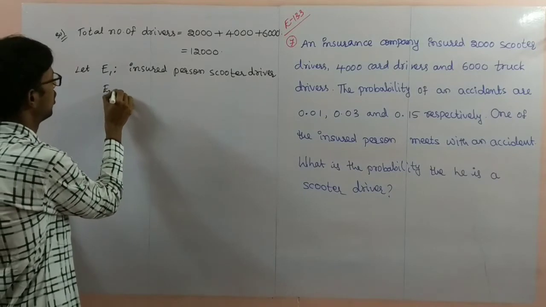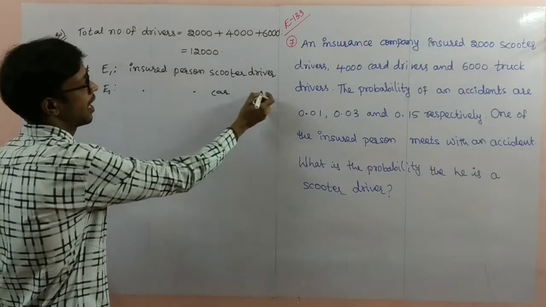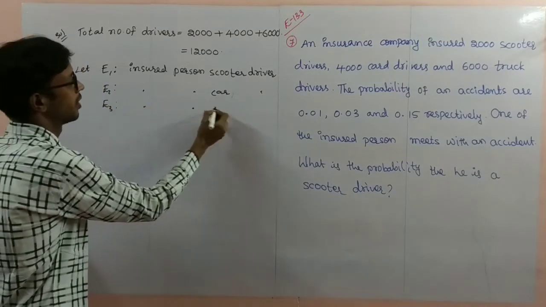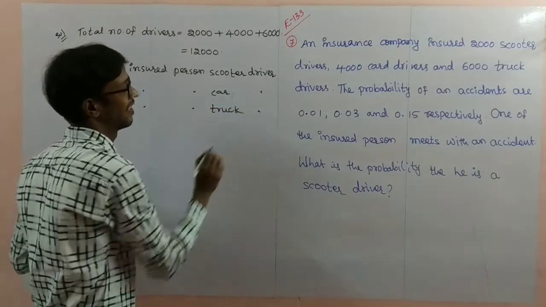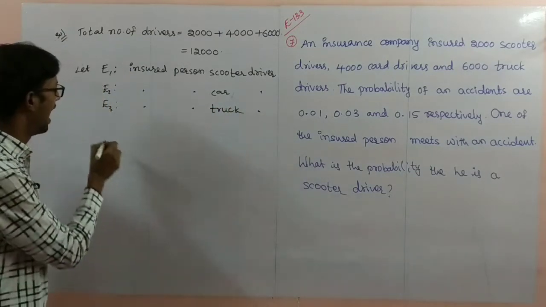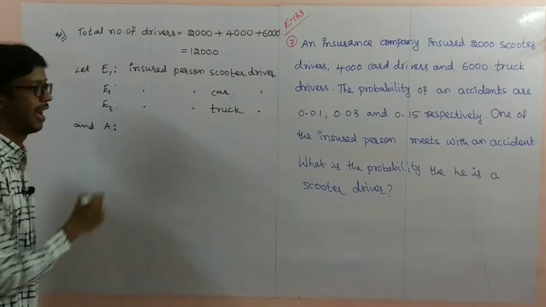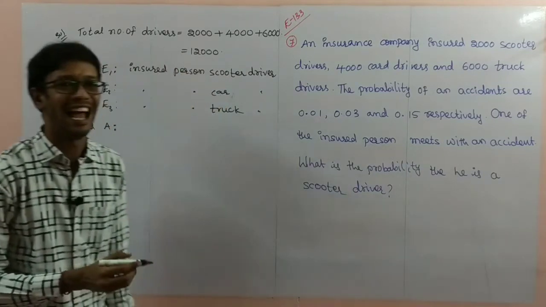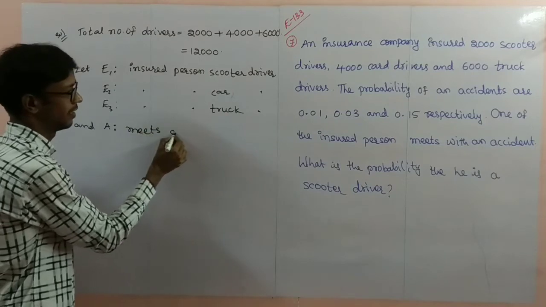Next, E2: the insured person is a car driver. Next, E3: the insured person is a truck driver. Next, another event A: the event that he met with an accident.